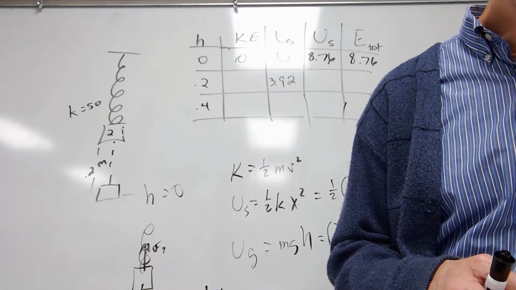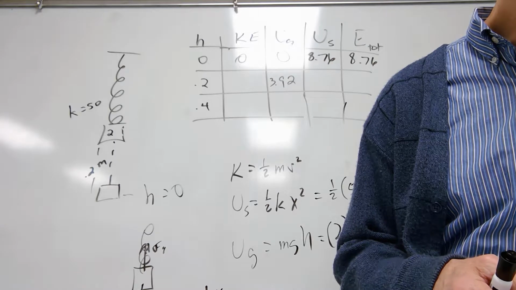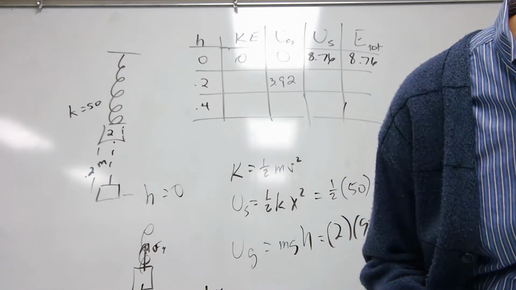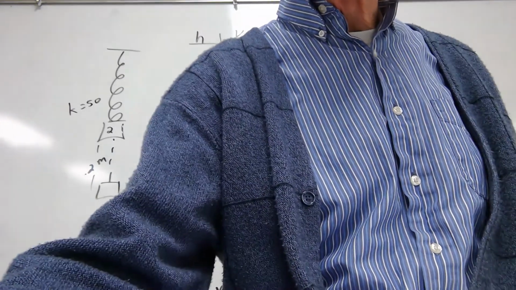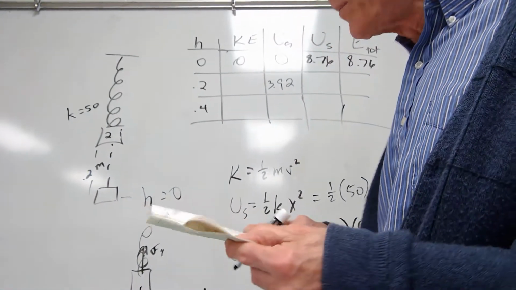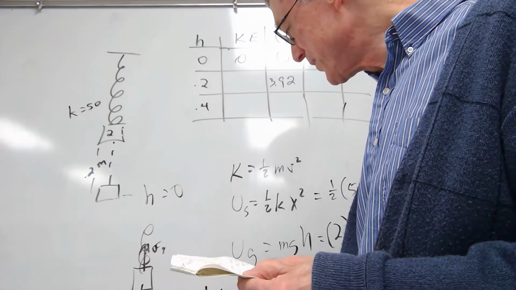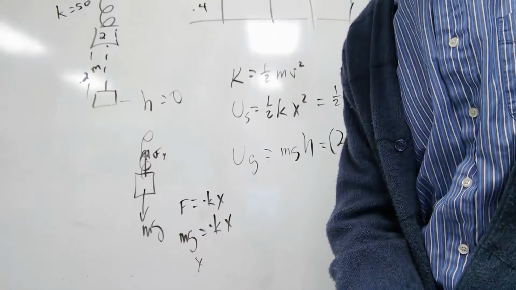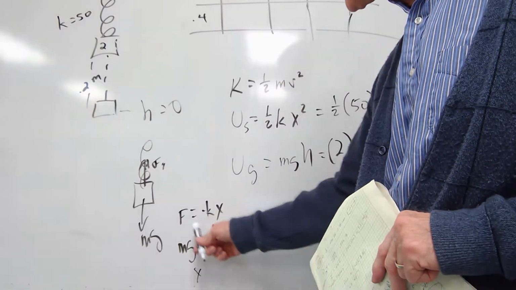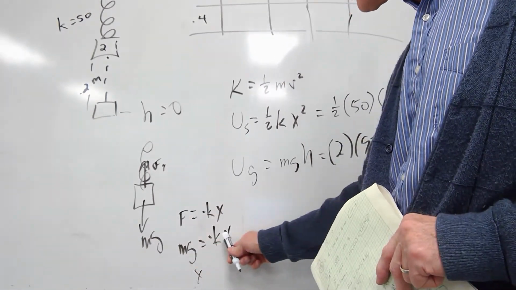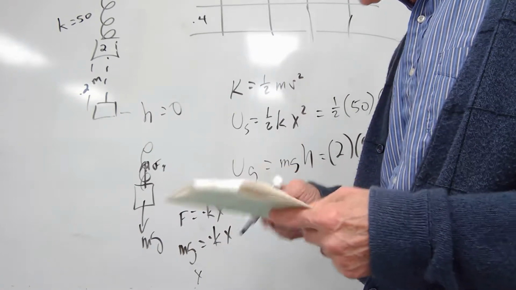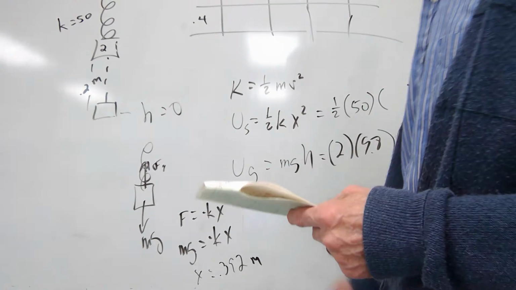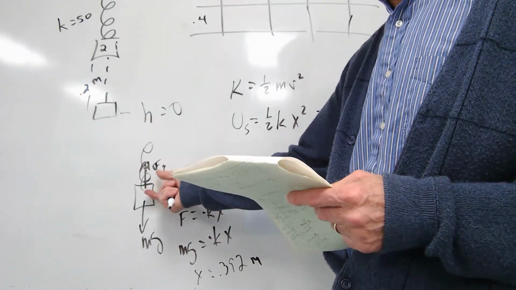Hold on while I look. Okay, I believe if I solve this for x, can you see where I'm writing? Here we are. F equals negative kx, the F is the mg, the k is 50. If I solve that for x, I'll get 0.392 meters. That's just how far the spring is stretched when it's hanging at rest.